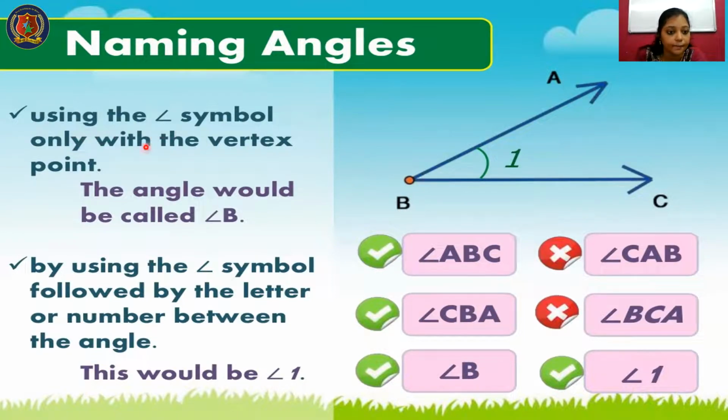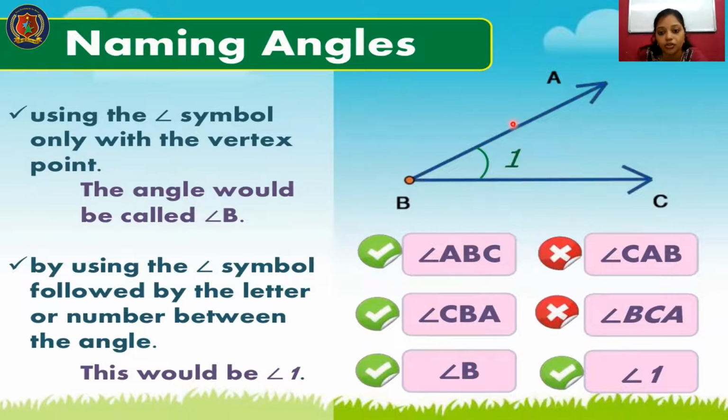Now we are going to see more in naming the angle. Use the symbol only with the vertex point. Already I said the vertex point should be in the center. Now, you can use the symbol with only the vertex point, or otherwise you can give a name for the degree. What is the degree here? The smaller size measurement is called degree, right? For that also you can give any name. You can give numbers also.